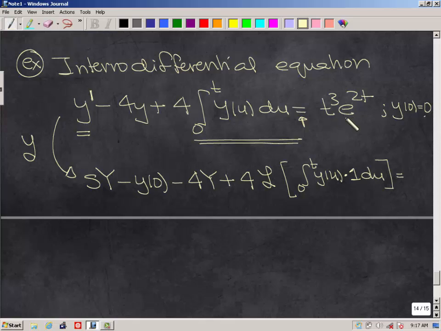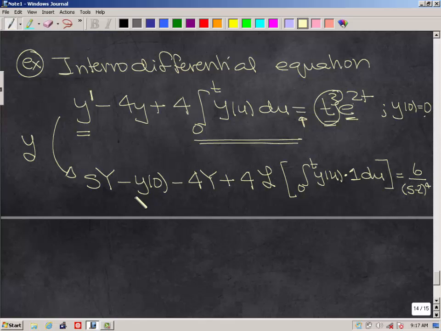Because we have an e here, you find the Laplace of t cubed and you shift it by 2 units. Laplace of t cubed is 6 over s to the fourth, so it will be 6 over s shifted, so s minus 2 to the fourth, because that's where that translation comes from.